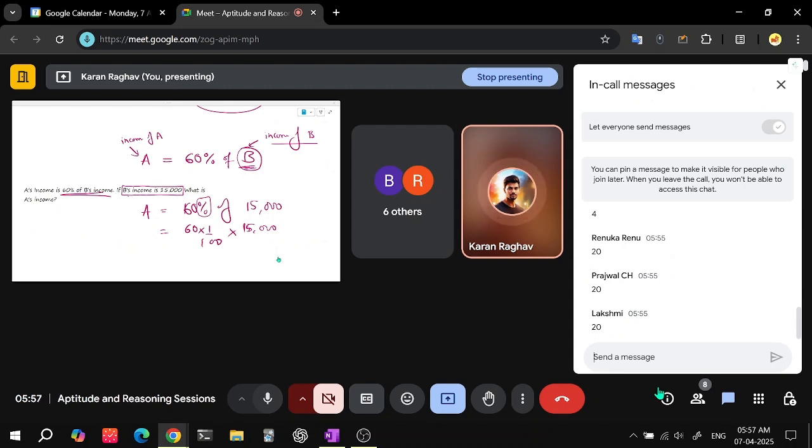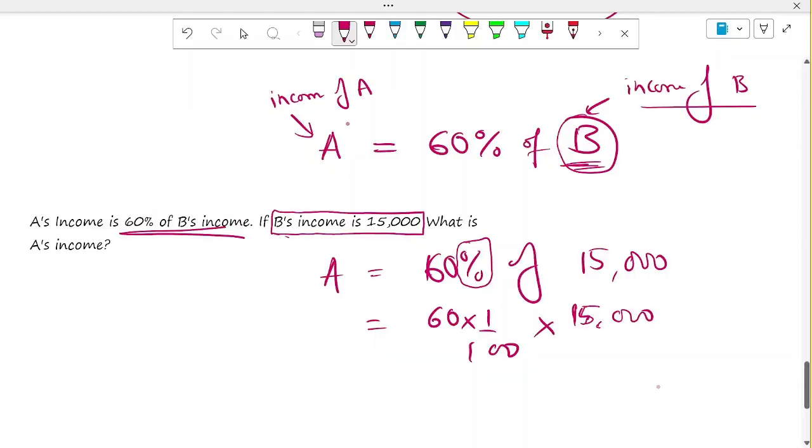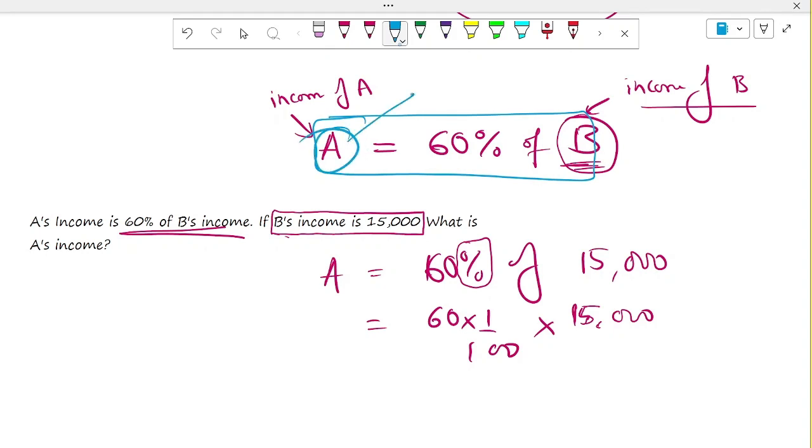These questions are very simple. You just need to write the initial expression correctly. This expression is very important. If you are able to find this one correctly, then you can solve the question in the right way. If you just read this question, you will be very clear. A's income is equal to 60% of B's income. That's all.